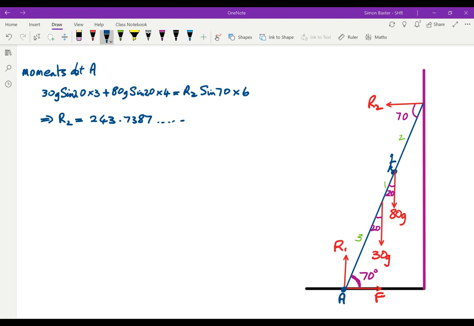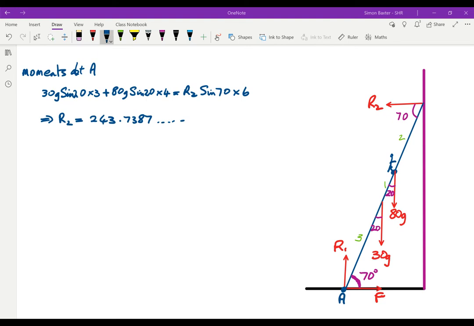Well, if we want the coefficient of friction and we're in limiting equilibrium, F equals mu R1. I need to know F, I need to know R1. I've taken moments. Usually when you've taken moments once, the best thing to do next is to resolve in two different directions. Let's resolve, first of all, horizontally.